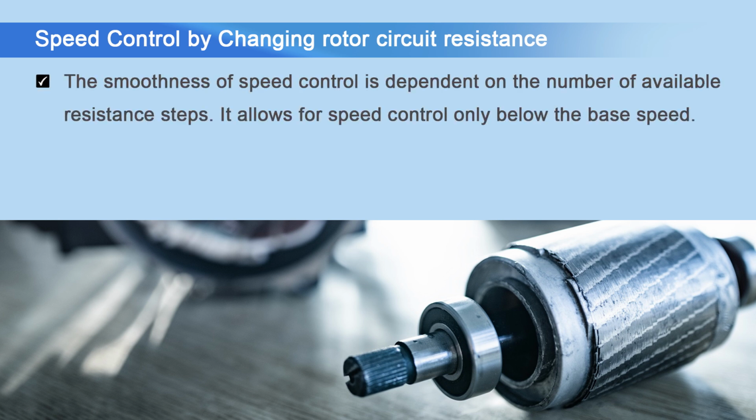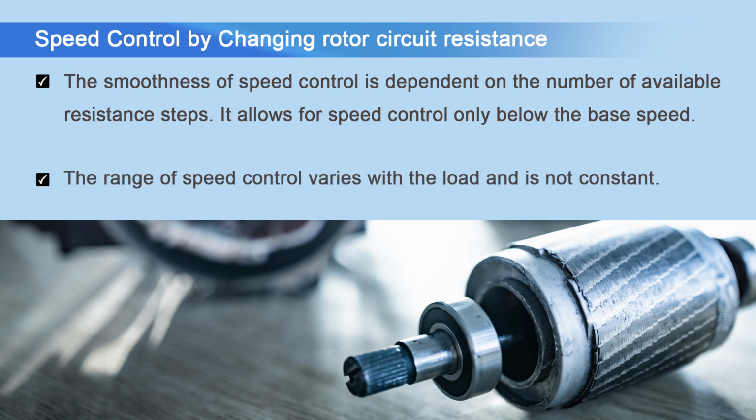The smoothness of this speed control is dependent on the number of available resistances, the steps for which provision of changing is available. Accordingly, the speed steps can be obtained. This method allows speed control only below the base speed.